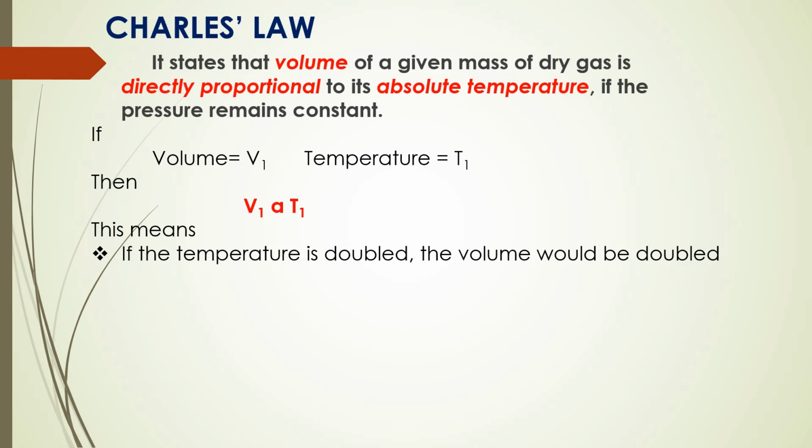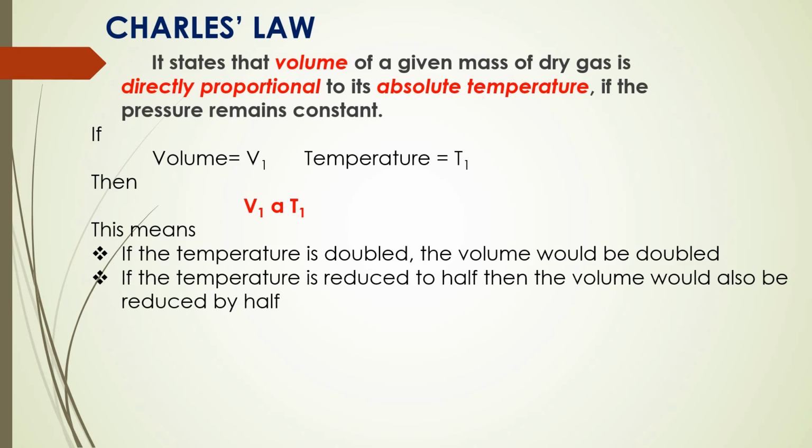If the temperature is tripled, the volume would be tripled. If the temperature is reduced to half, then the volume would also be reduced to half. Whatever we do with the volume, the same thing will be reflected in temperature. If temperature is increased, volume will be increased. If temperature is decreased, volume will be decreased.